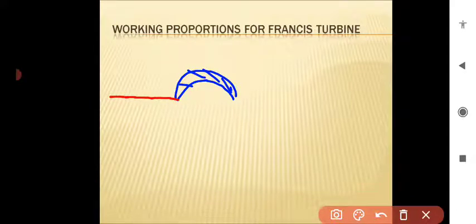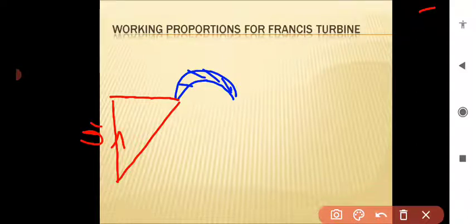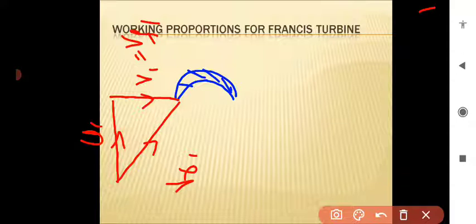This is the blade velocity u1, this is the relative velocity Vr1, and this is V1, the absolute velocity. This makes an angle alpha. Here it is theta. Theta is equal to 90 degrees, given in this problem. So this is the inlet triangle.